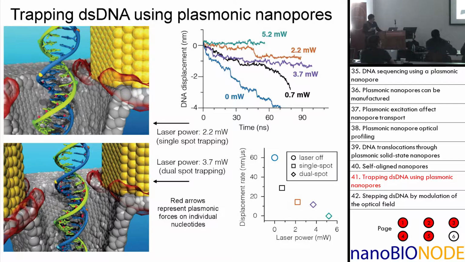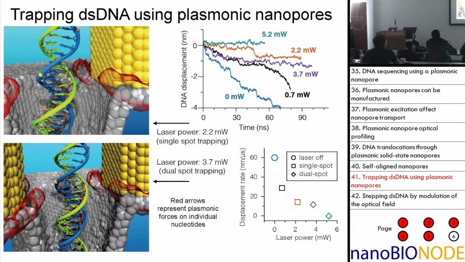So let's see how the simulation works. Here's one simulation, one of the first that we made, where we had this plasmonic field on. Those semi-transparent surfaces indicate the presence of a plasmonic field, and those arrows indicate the local plasmonic forces applied to individual nucleotides. Okay.